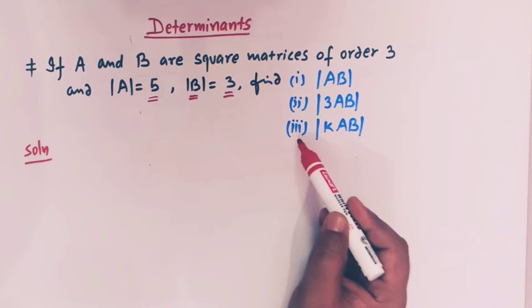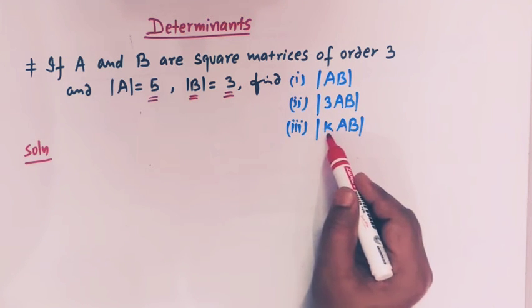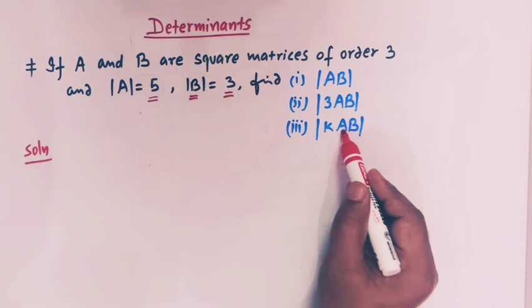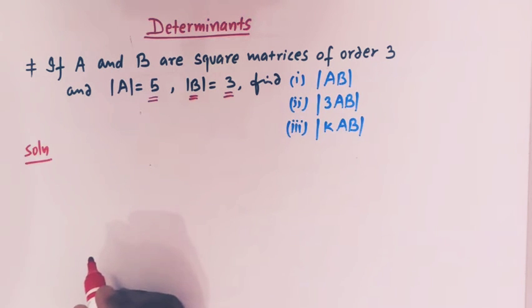And in the third problem we have to find the determinant of K times AB. Here we'll make use of some important results.